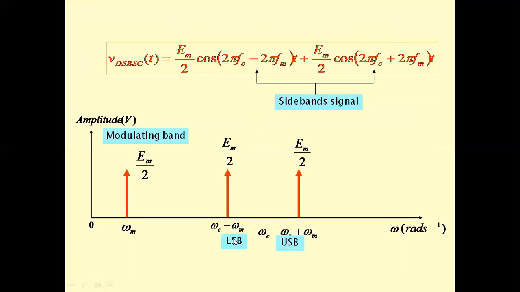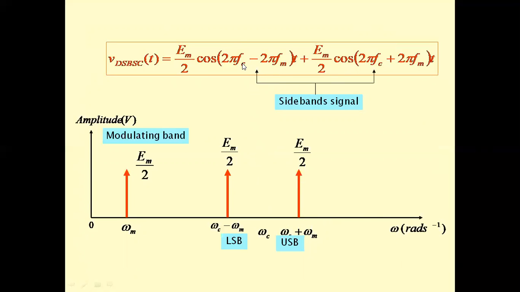It contains the upper sideband as well as the lower sideband. Upper sideband is Fc plus Fm and the lower sideband is Fc minus Fm, whose amplitudes are Em by 2. Both the sidebands will have the same amplitude level.